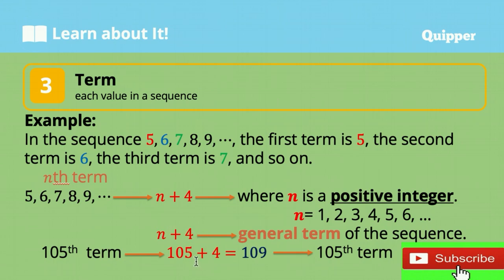Now, substituting 105, since we want to know what is the 105th term, we will plug in 105 here in our n, then plus 4. So 105 plus 4 is 109. Therefore, the 105th term is 109.